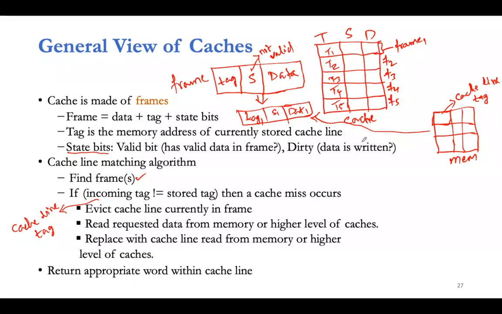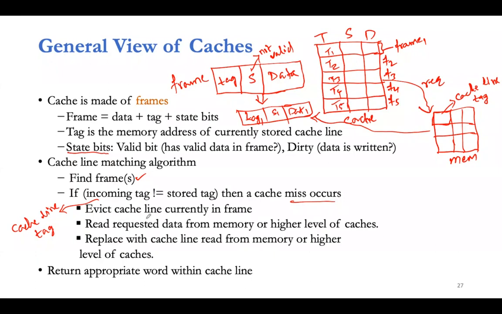Because the cache line requested by the CPU is not in this cache, the request goes to main memory to fetch it. So there is a cache miss.